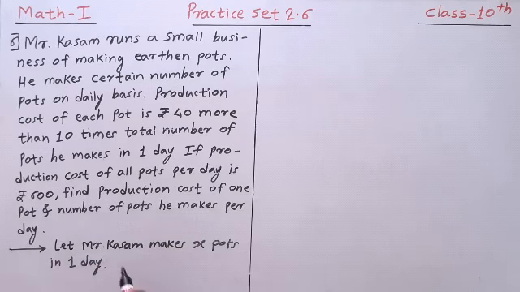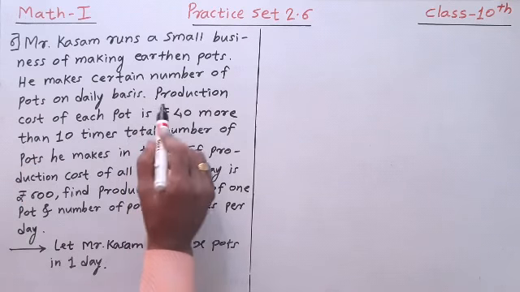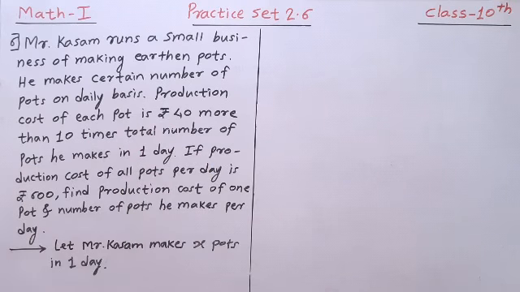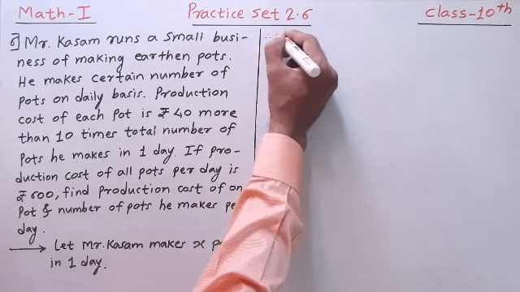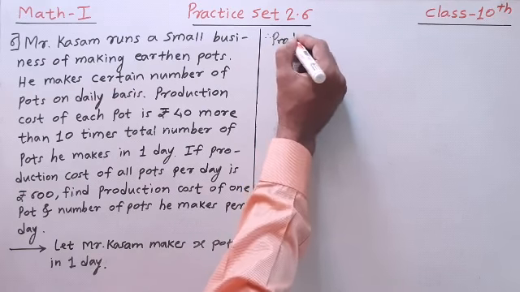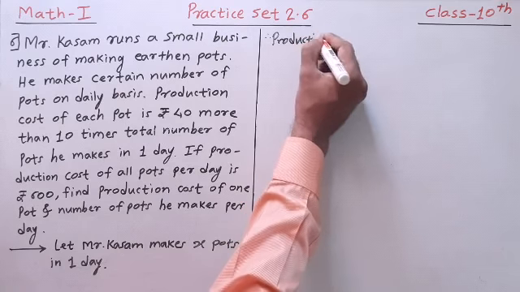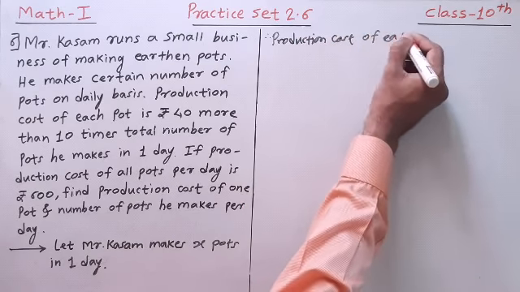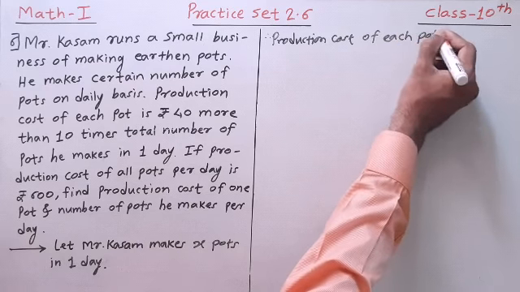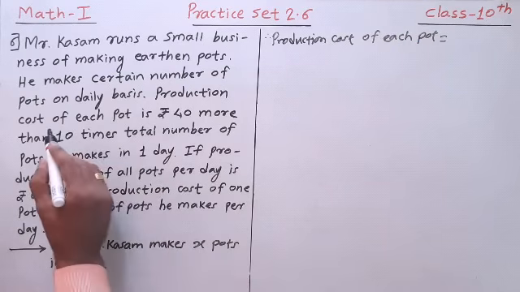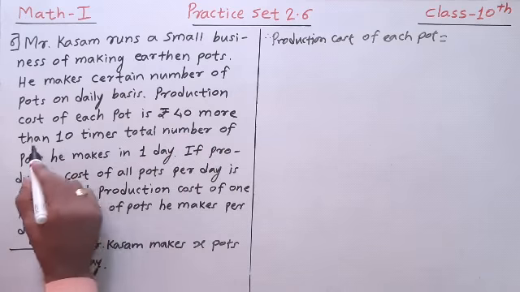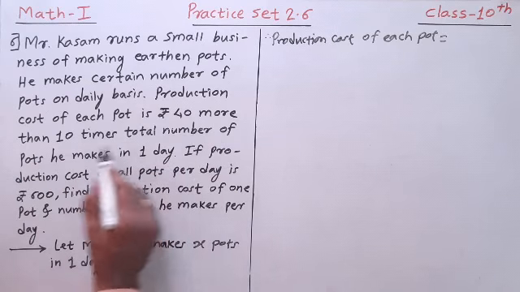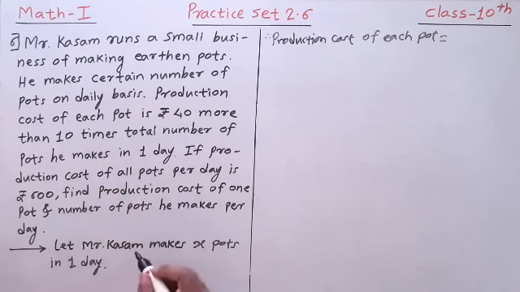This consideration will help us to write the production cost of each pot by reading this sentence. Therefore, the production cost of each pot is 40 more than 10 times the total number of pots he makes in one day.